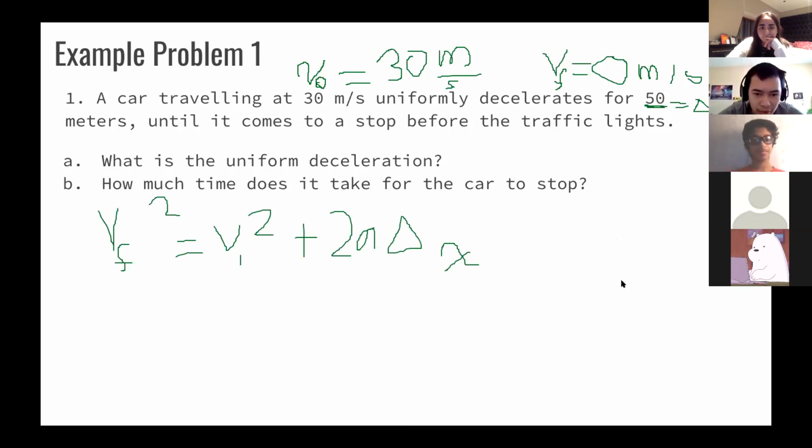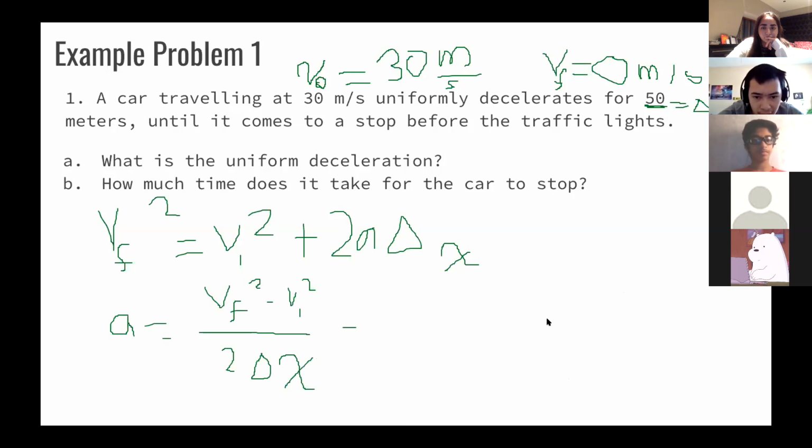We can isolate a to become a equals vf squared minus vi squared over 2 delta x.